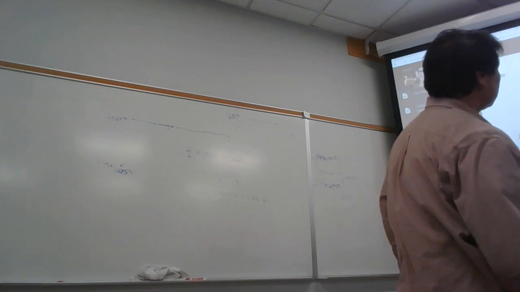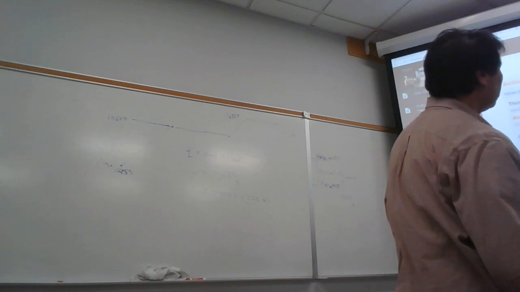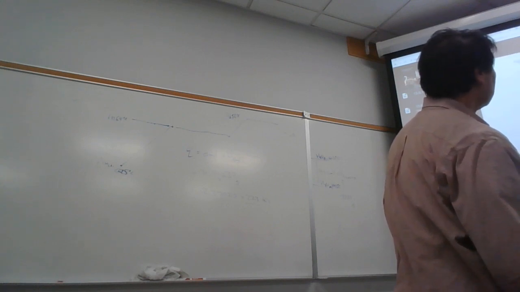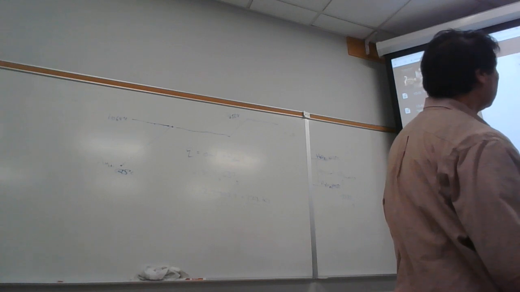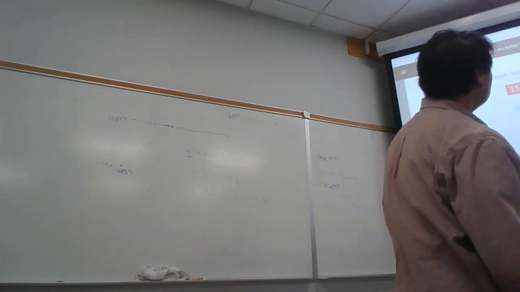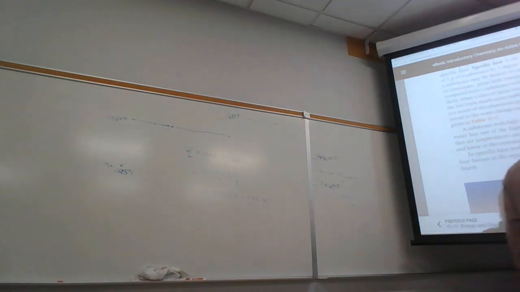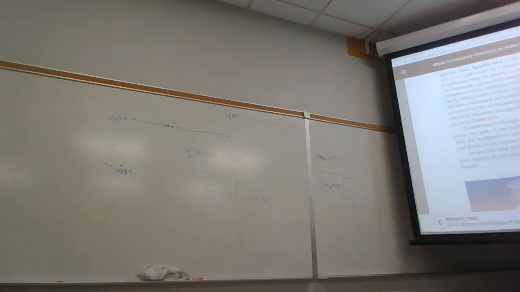And so do I have the specific heat of solid gold? It is in the table here. So if I have solid gold, the specific heat is 0.13 joules per gram degree C.